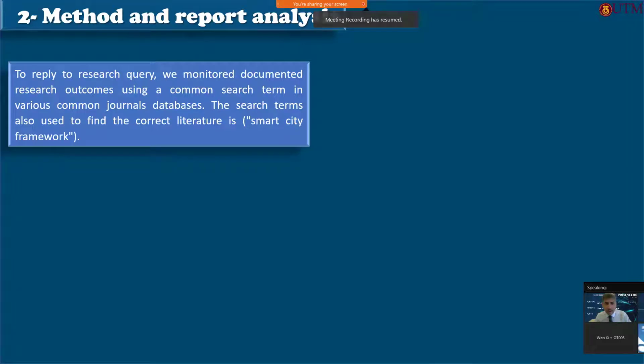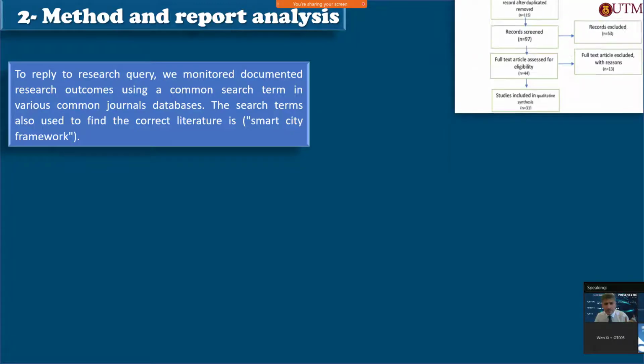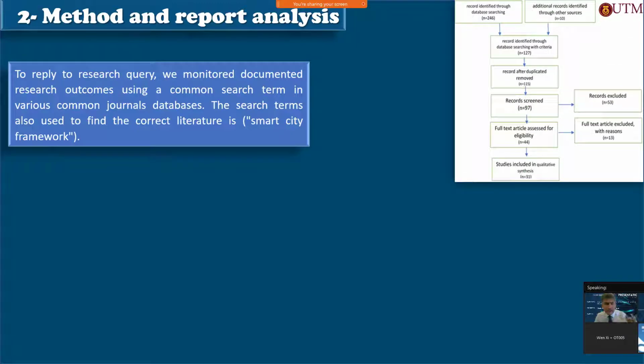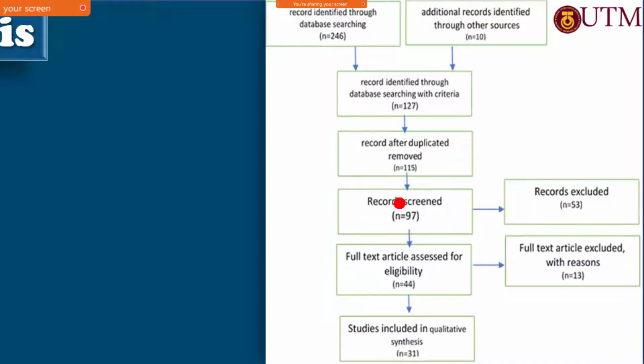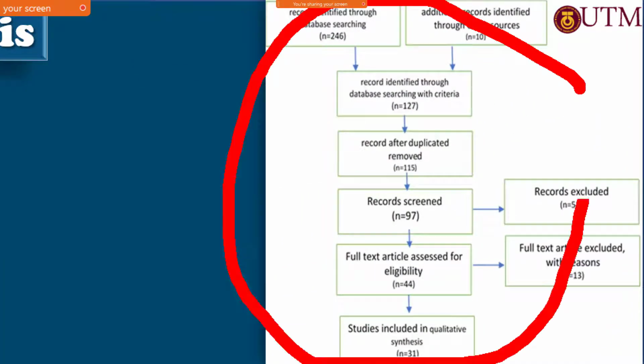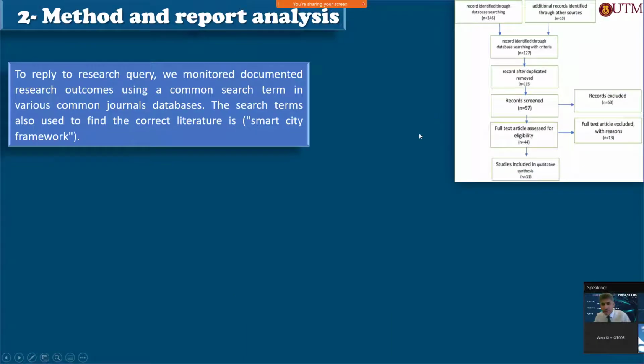To reply to said queries, we monitored documented research outcomes using common search terms in various common journal databases. The search terms we used were smart city framework, smart city domain, smart city service, smart city resource, etc. We used the PRISMA method for the systematic literature review.